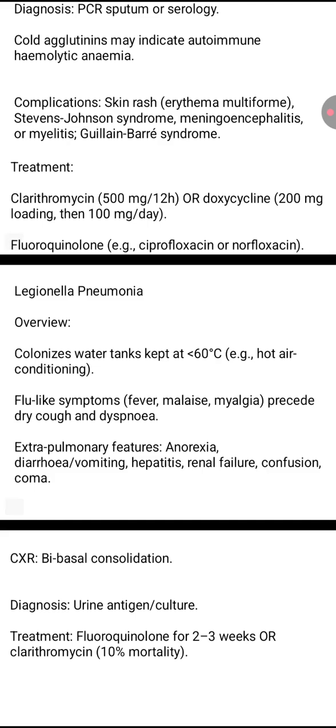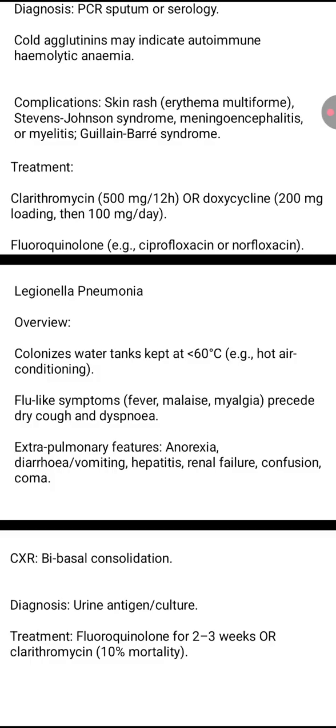Legionella pneumoniae. Overview: it colonizes water tanks kept at temperatures less than 60 degrees Celsius, e.g. hot water and air conditioning. Flu-like symptoms including fever, malaise, myalgia precede dry cough and dyspnea.